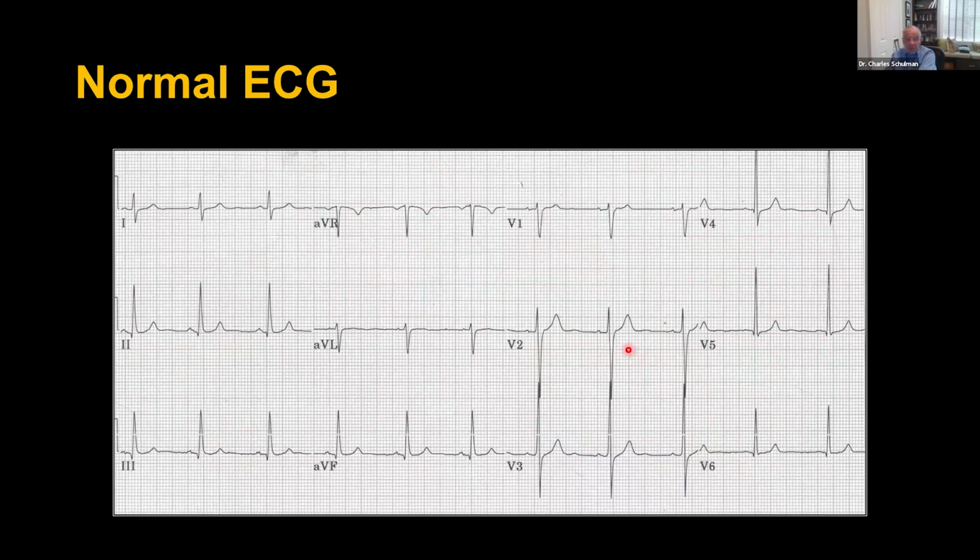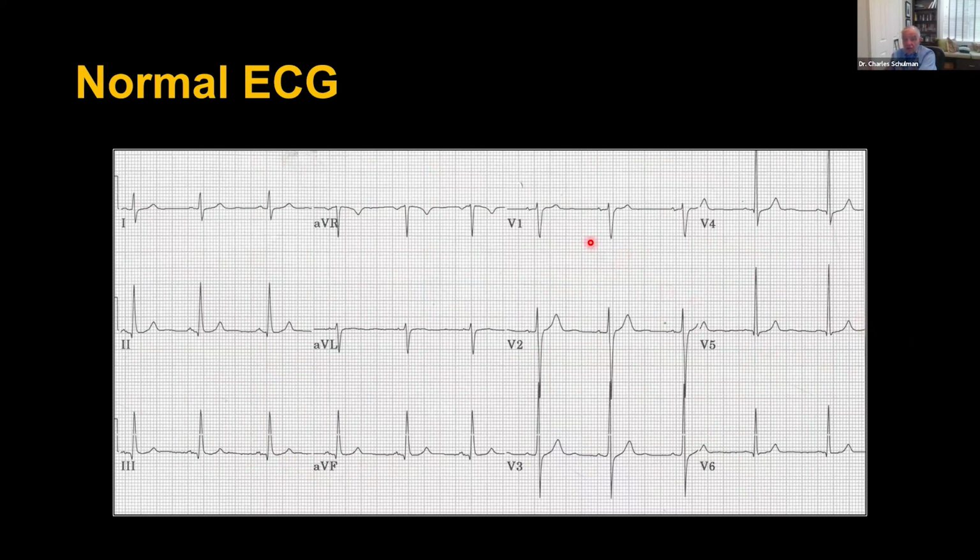Here's another one, which is also normal, but you'll notice here that there are Q waves in 2, 3, and AVF, and out laterally. Now, remember I said that the initial depolarization traveled from left to right.